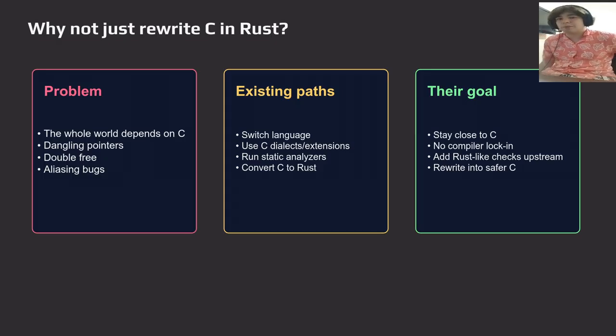C is one of the old compilers that is very thoroughly read and reviewed, and they want all these nice features like RAII in C++ and borrow checking and memory safety in Rust, but within the bounds of a C compiler.